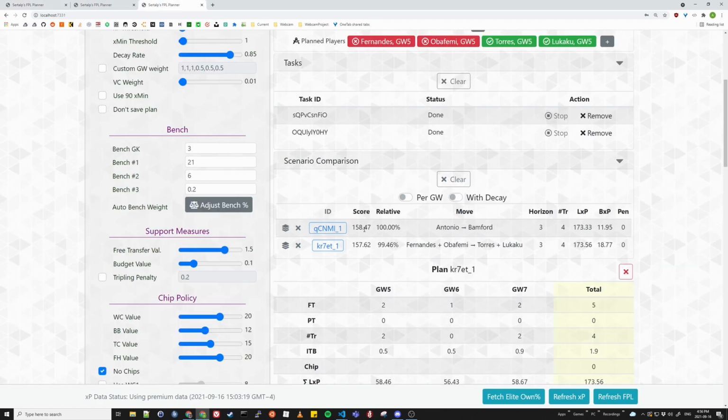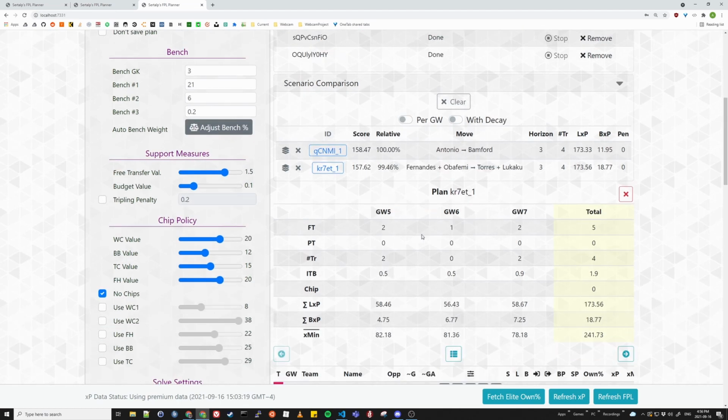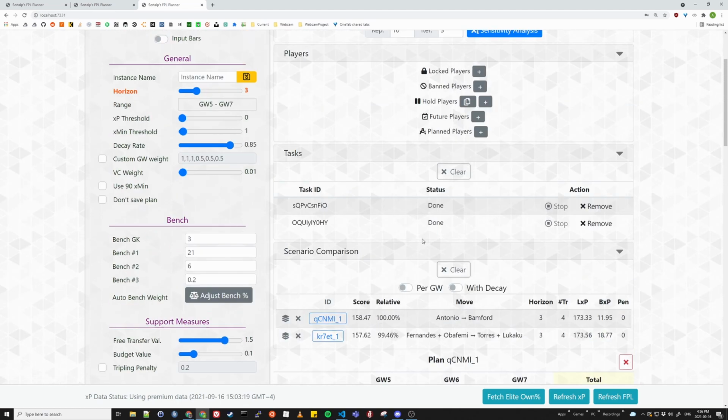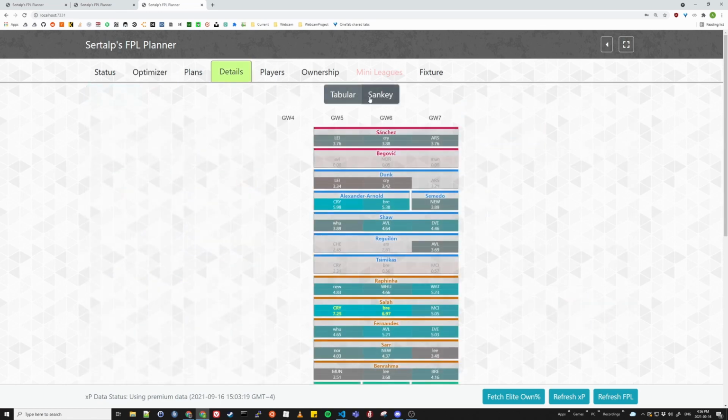As you see, in terms of score this is inferior, obviously, because in the first case I am solving for the exact expected points data, so this cannot be the best solution. But as you see, it is super close. The difference is less than 0.6%.